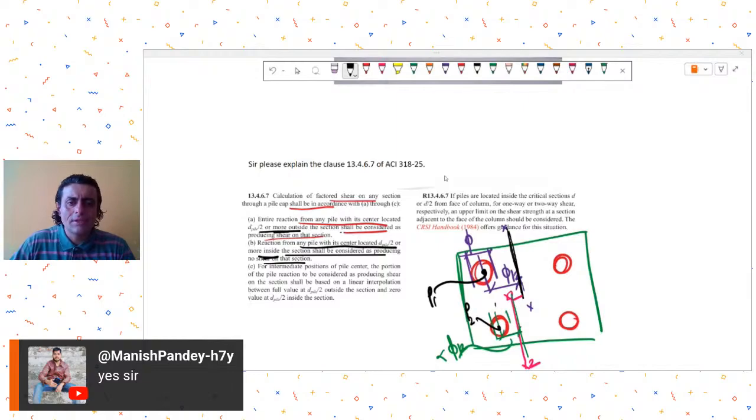This is a simple clause, just like we have in our IS code or any code for that matter.